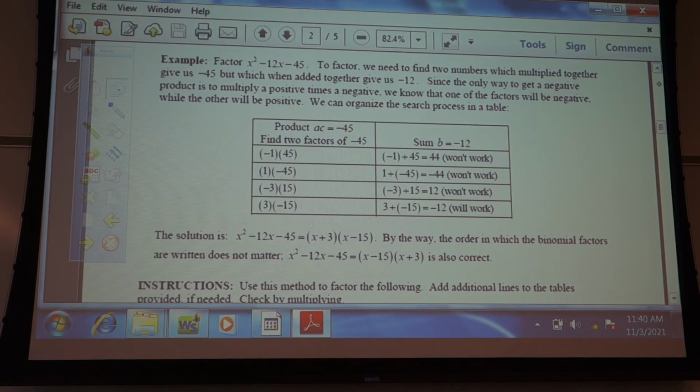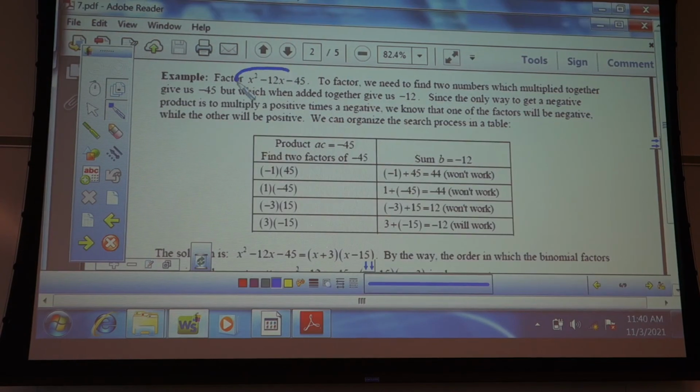Okay, so here, if we look at this thing, we know that when we factor it, where it comes from is, when we FOIL these, we're going to factor it into x plus some number here and x plus some number there, right?